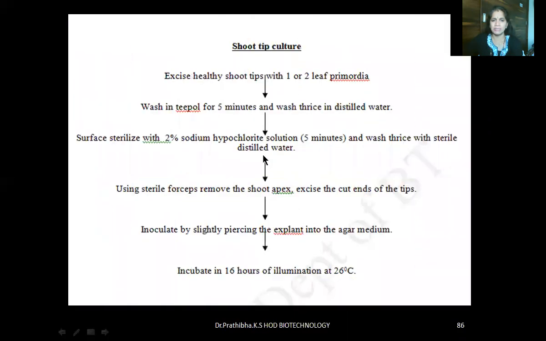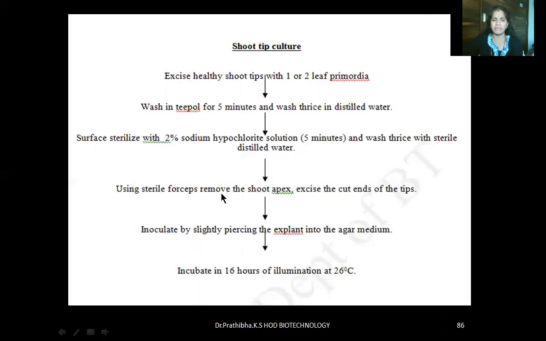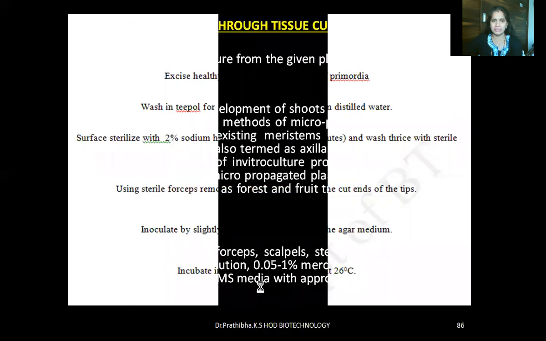Just go for writing the procedure of shoot tip inoculation or your surface sterilization, whatever it will be. Follow this particular flow chart for shoot tip culture, nodal culture, or anther culture. And before concluding, write the result, whether you have inoculated the explant or whether you have done the surface sterilization of the explant. Based on the examiner's requirement, you need to write the result.